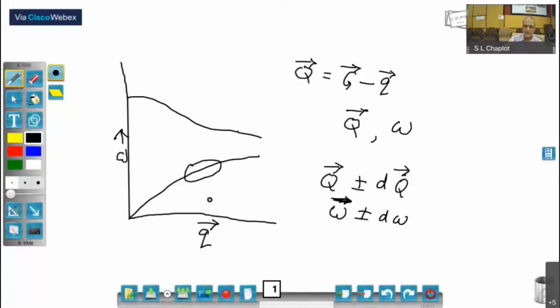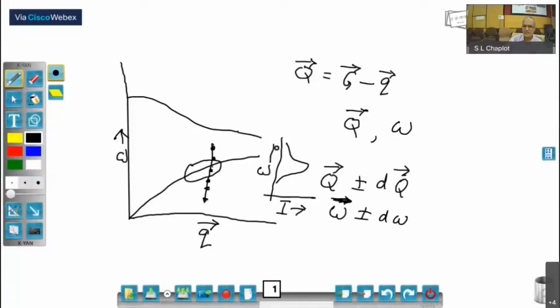Now assume that I am doing a constant Q scan. I am going to scan at different points; the spectrometer will be set at different points, and I measure the intensity. If you plot the intensity along the omega, then you should get a peak corresponding to the frequency.